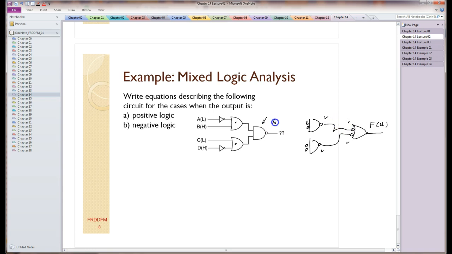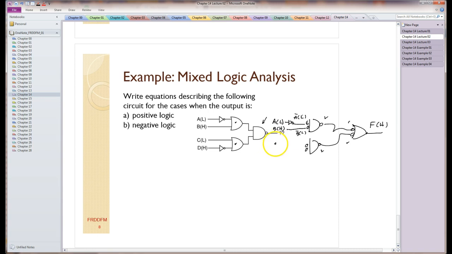So A sub low goes through an inverter, and I'm going to take a shortcut here. It's going to be A naught sub low, B sub high. I need to write an equivalent signal, and that's going to be B naught sub low.